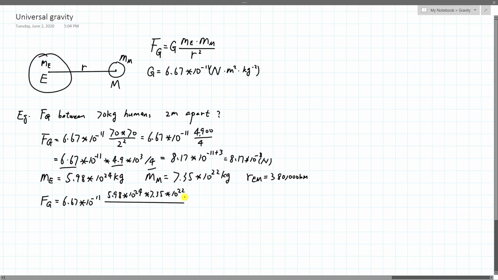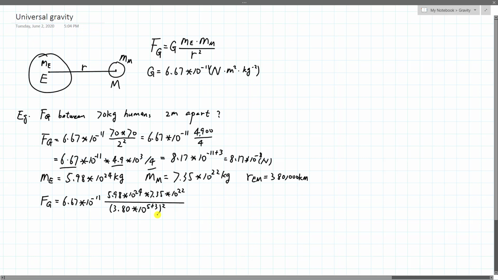And now I want to convert the distance, kilometers into meters. So that will be 3.80 times 10 to the, 300,000 is already 5, and then kilometer into meter, another 3, and we're squaring that distance. So we're dealing with very large numbers, very small numbers, dividing by very large numbers.